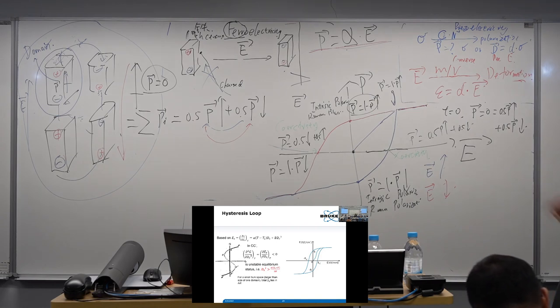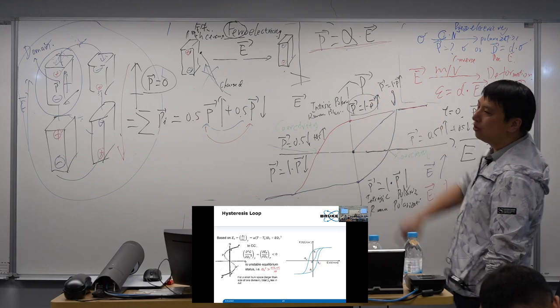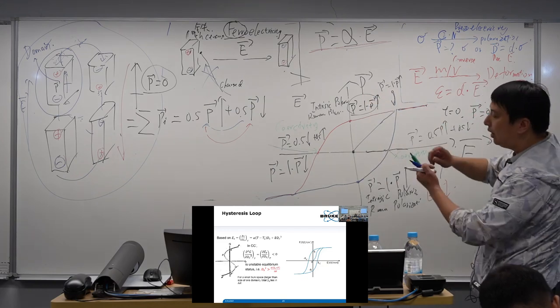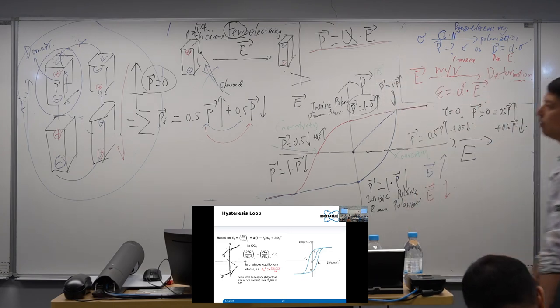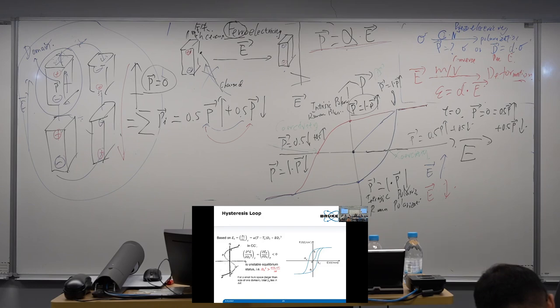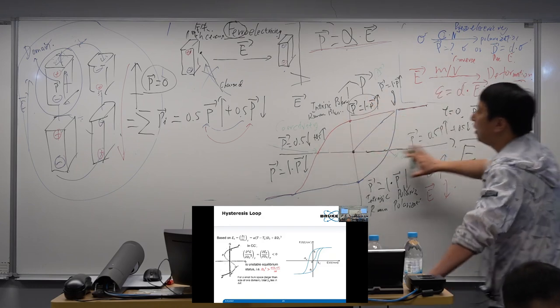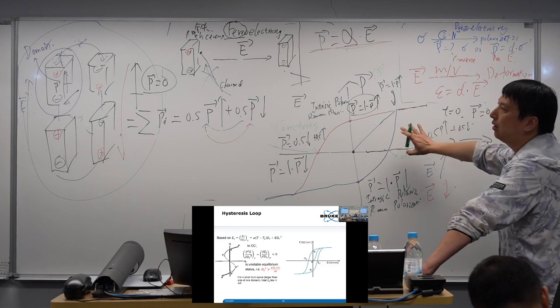For the ferromagnetic, it is totally the same, but we don't use the P here. We use B here, right? We will use B for ferromagnetic to represent its magnetization. Okay, so that's our key idea.